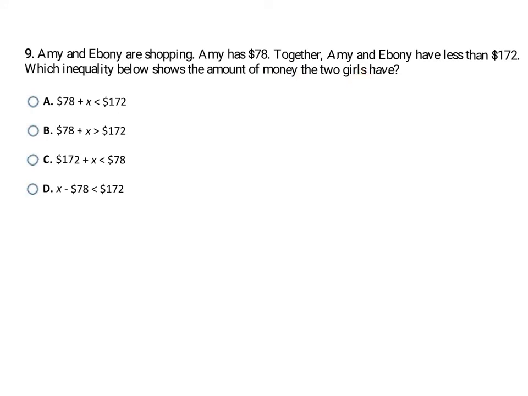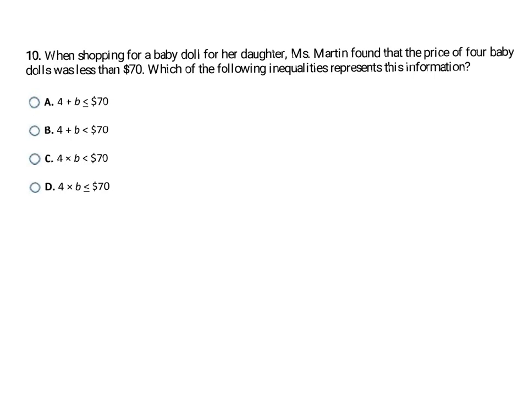So if I take their amounts and add them together, so Ebony's amount we don't know, so we're going to use X, and I add that to Amy's amount, it has to be less than 172. And so where I see that equation is going to be choice A. They just wrote 78 first and X second, which is fine. And that's going to be my final answer.